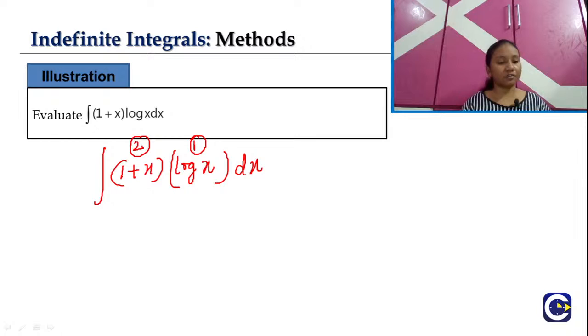I'll give you 1 more minute and then I'll explain how to solve this. So the expansion, the UV rule of integration, we'll remember it in a flow, like first function into integration of second function minus the whole integration of differentiation of first function into the integration of second function.